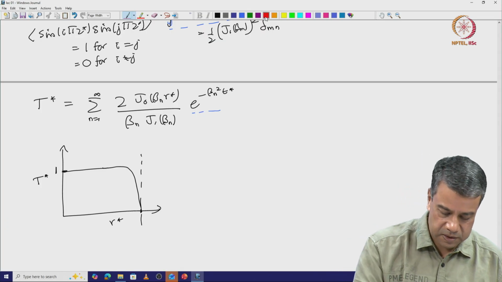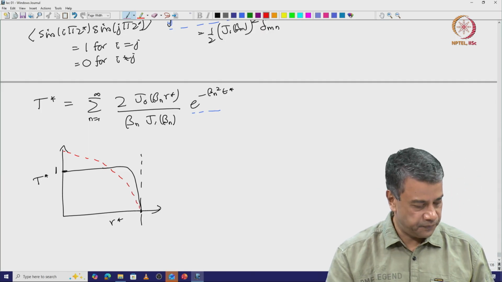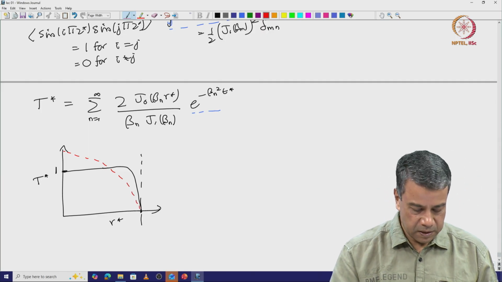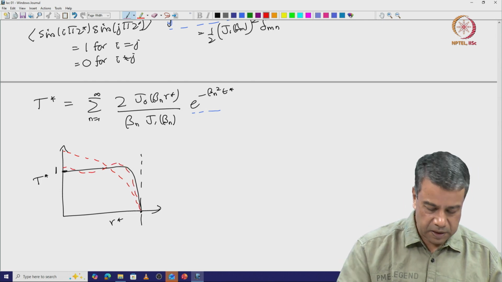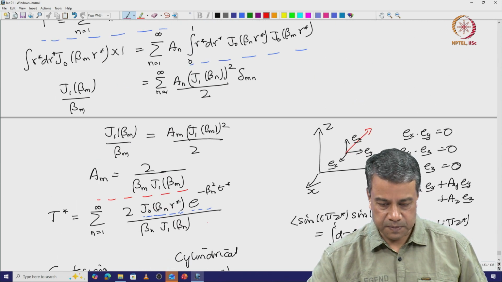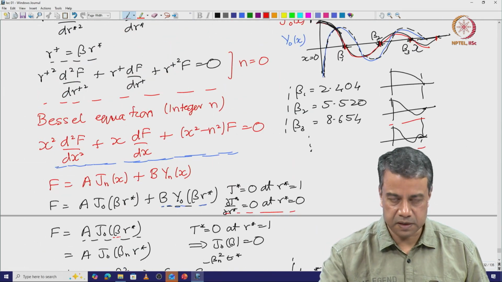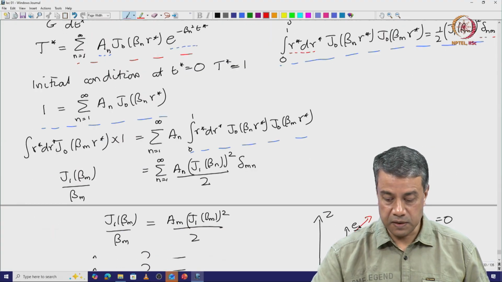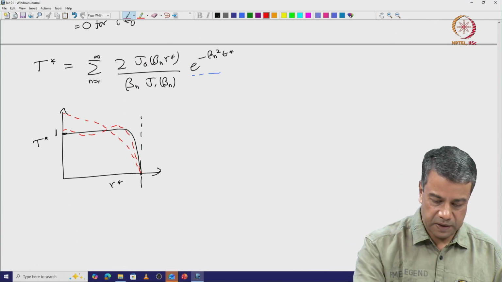So, if I include just one term in the expansion, I will get something like this at initial time. If I include two terms, I will get something that oscillates. And it oscillates because of the oscillations in the Bessel function. So, you need to include a very large number of terms at initial time in order to get the temperature field correct.